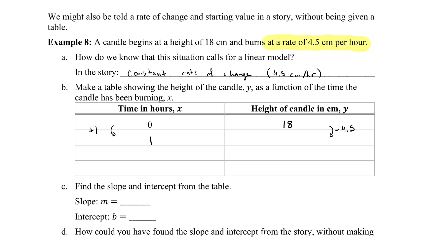So after 1 hour, the candle will be 13.5 centimeters tall. After 2 hours, it'll be 9 centimeters tall. After 3 hours, it'll be 4.5 centimeters tall. I'm just subtracting 4.5 centimeters from the height every time I add 1 to the time. So my slope then, my change in y is negative 4.5. My change in x is 1.